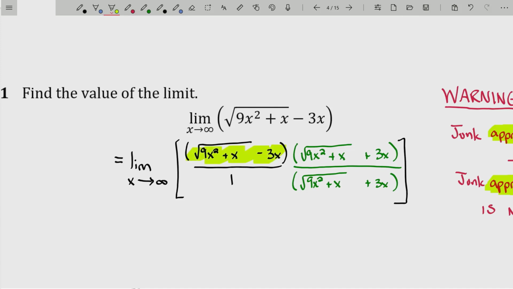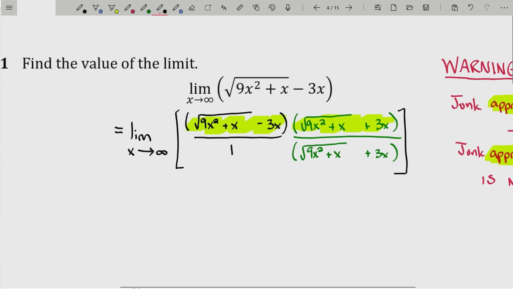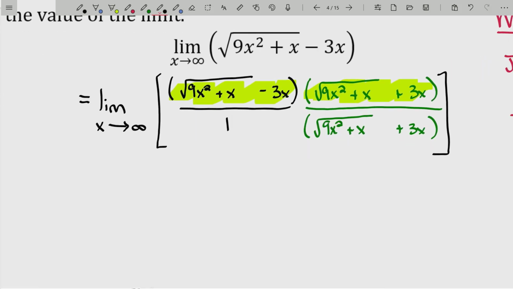That is, multiply these two highlighted things together. If this down here was not 1, but instead, let's say it was 5x plus 4 or some silliness like that, you would not distribute out against the square root of 9x squared plus x and then plus 3x. You would only distribute out conjugates. Trust me, it's the right thing to do.